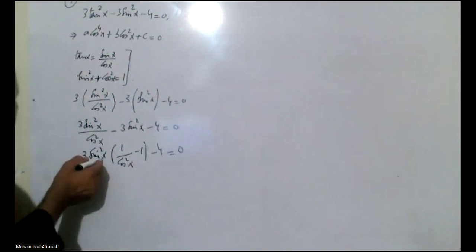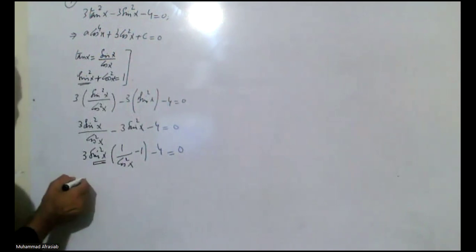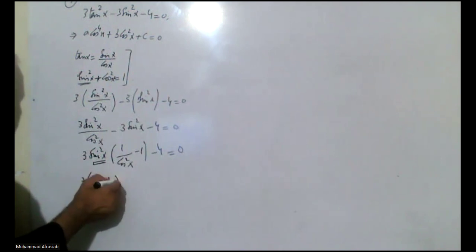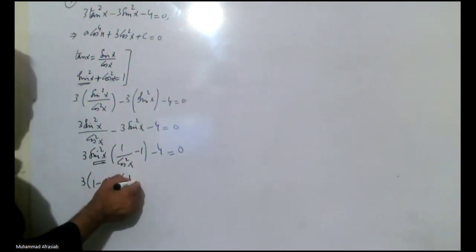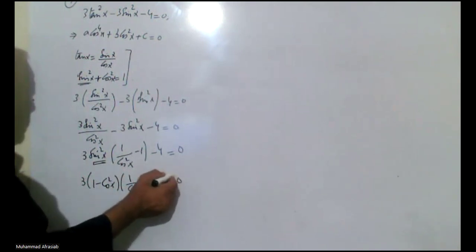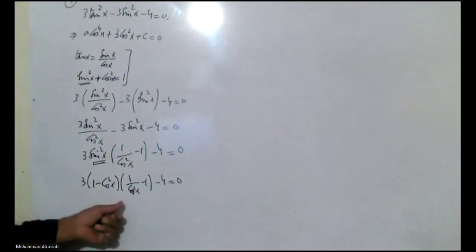But we know that sine square of x itself is equal to 1 minus cos square of x. So this will be 3 into 1 minus cos square of x into 1 over cos square of x minus 1, minus 4 equal to 0. Now you can take the LCM here.